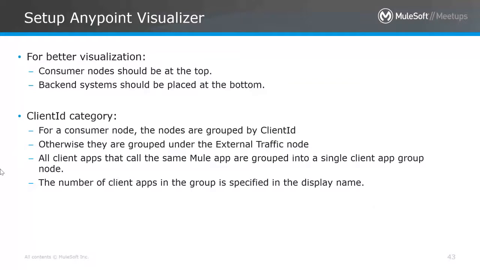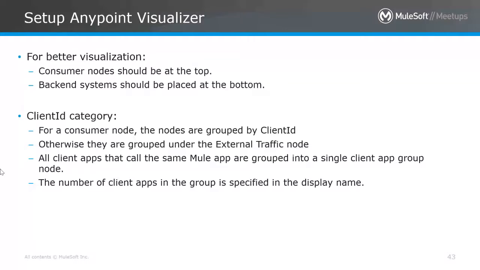And the client ID category. So what is this client ID category? For a consumer node, the nodes are grouped by client ID. Otherwise, they are grouped under the external traffic node. Consumer node means the node which is receiving the data.